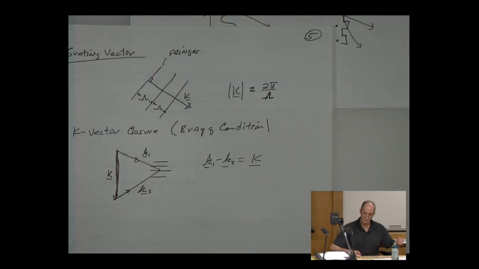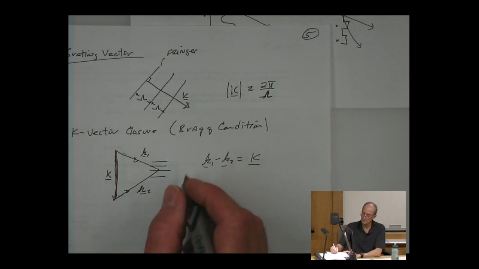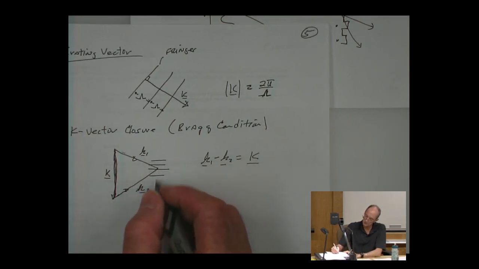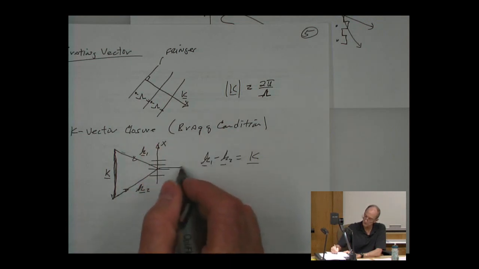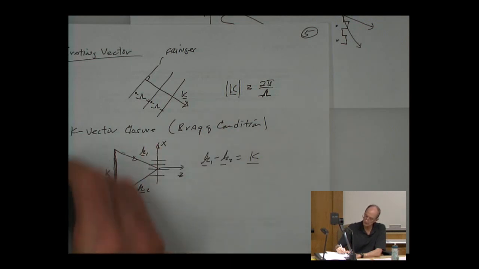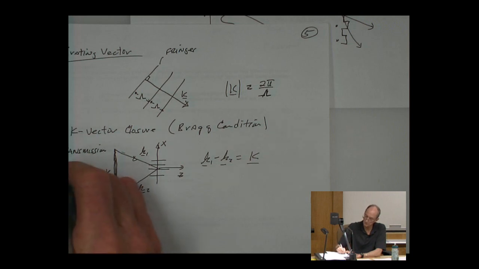So for instance, if we have a transmission hologram like we have shown here, let's choose the simple case. So again, this is our x-axis, and here's the z-axis. This is for a transmission grating.